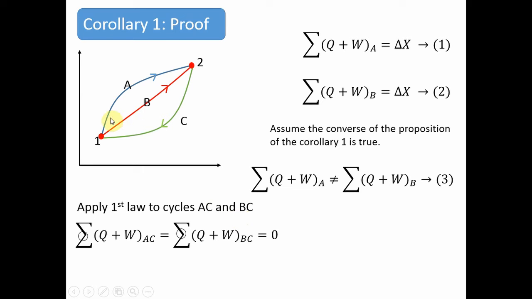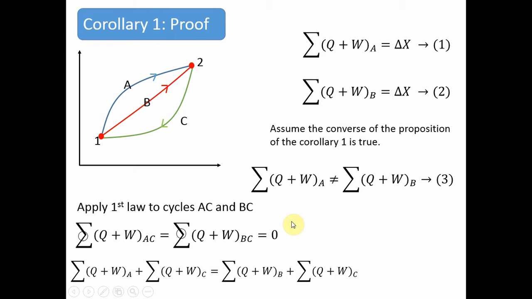If you take cycle AC, the cyclic summation of heat and work transfer during cycle AC must be equal to 0 from the first law of thermodynamics. When you consider cycle BC, the cyclic summation of heat and work transfer in cycle BC is equal to 0. That is from the first law of thermodynamics.